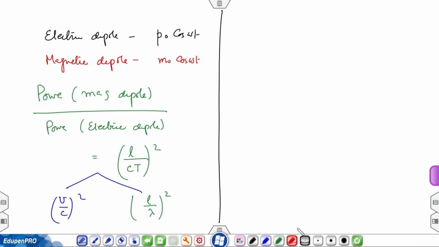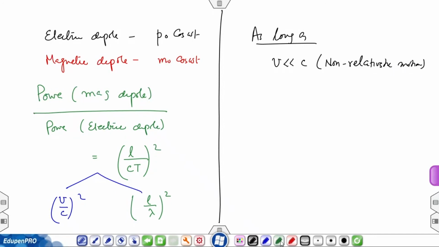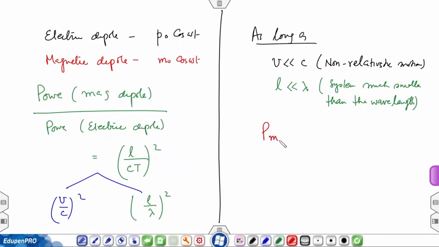So, as long as v is much less than c, non-relativistic motion, or L is much less than lambda, system much smaller than the wavelength, power from magnetic dipole is going to be much smaller than power from electric dipole.